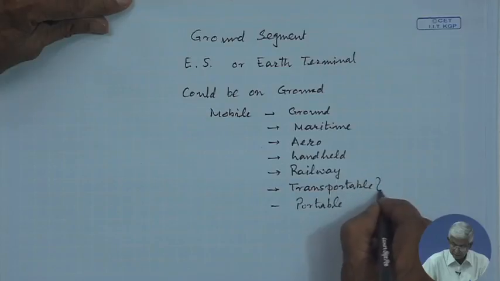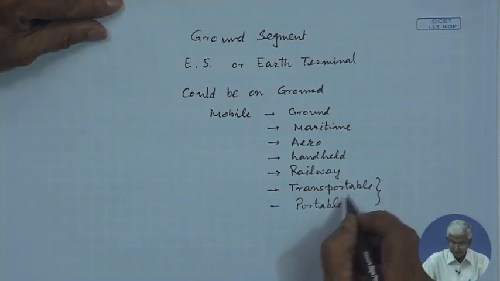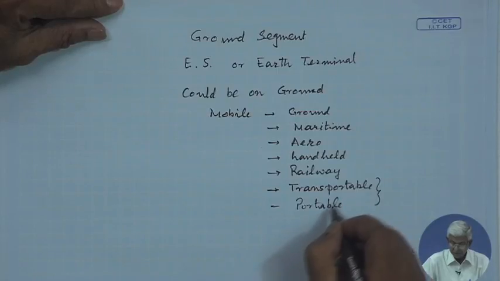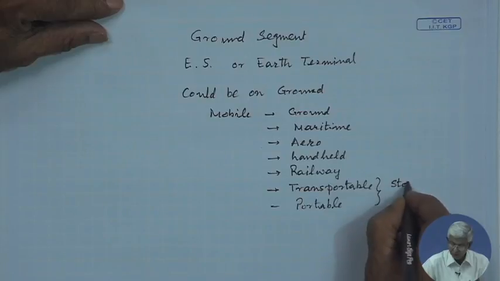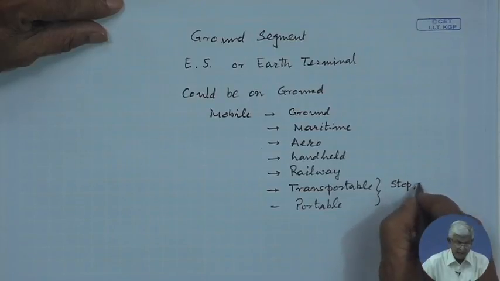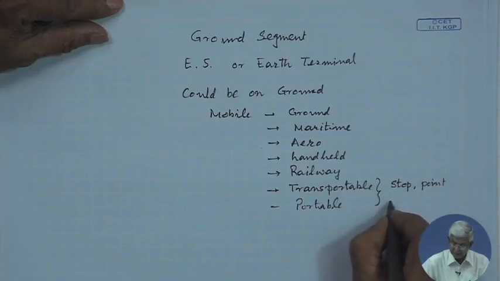These two types are types of earth stations or earth terminals. When you are moving, that time you are not communicating. That means you move, stop, and then point to the satellite and communicate.